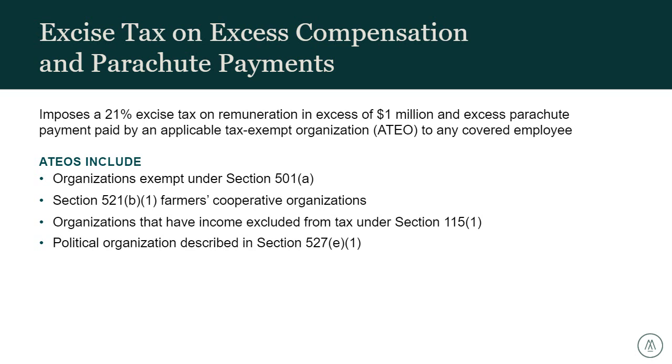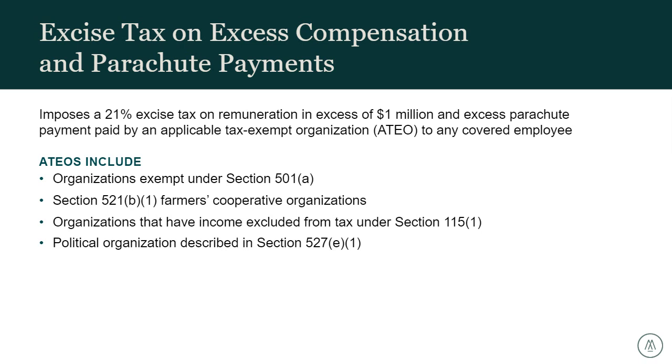There is an exception. So there's a limited hours exception. If less than 10% of the person's time to all of the organizations is to the exempt organization, or if they work less than 100 hours for the year for the exempt organization, then they are excepted from being considered a covered employee.